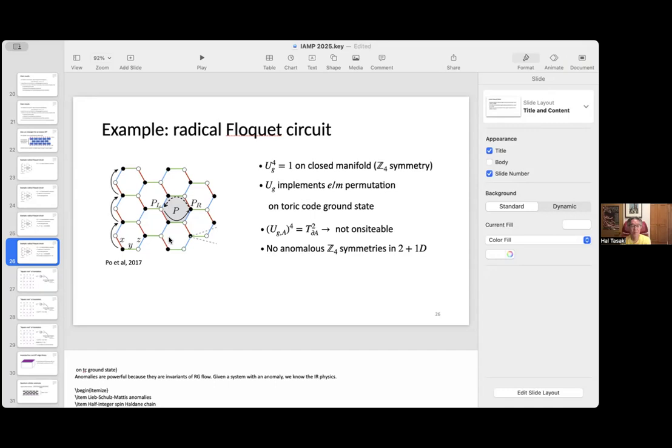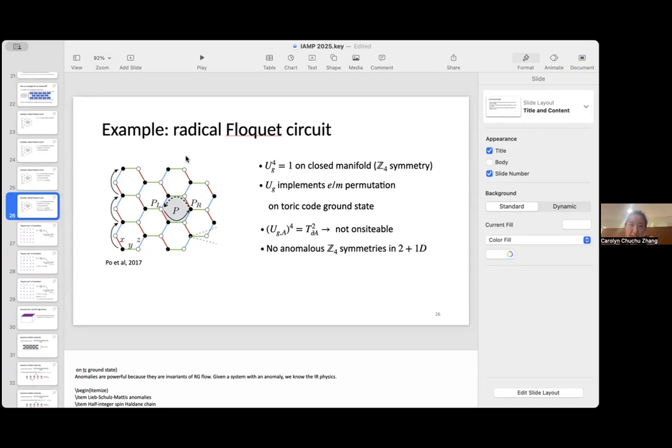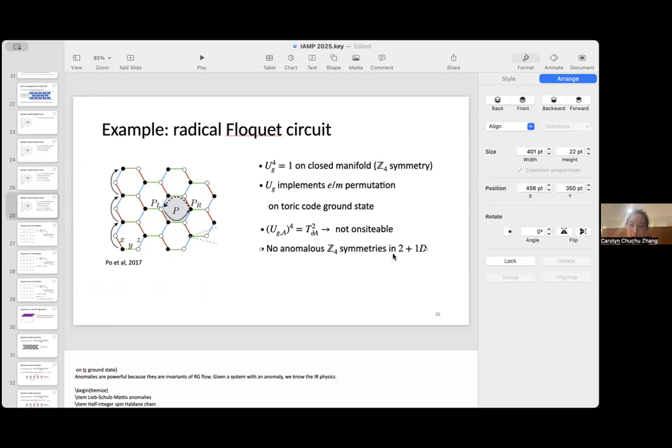We had an idea of how you might construct a trivially symmetric state if you tensor in ancillas, but it was rather complicated. So we cooked up another construction that also had a non-trivial index, but it was very obvious in the Z2 example I gave that you can construct a trivially symmetric product state. It's not so obvious from this one. All you can see is that it's not onsitable, and yet there are no Z4 anomalies in 2+1D. Okay, thank you.